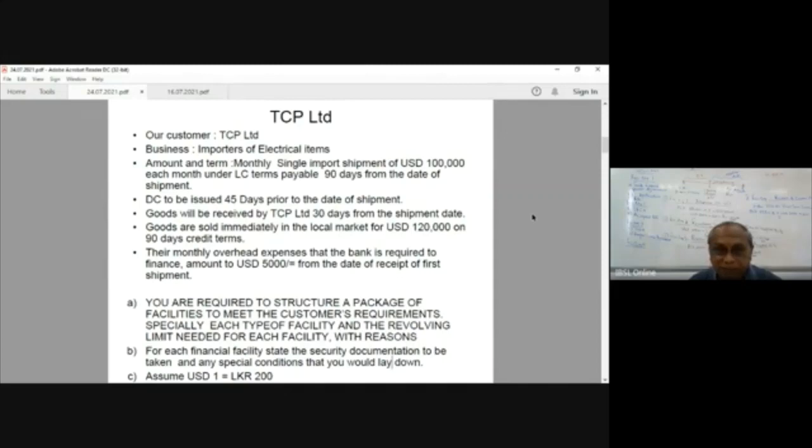TCP Limited. Start now. I'll give you 5 minutes to read and understand. First read it carefully. Don't start drawing the straight line and marking the items. First read once, and then read it again, and then second time start drawing.